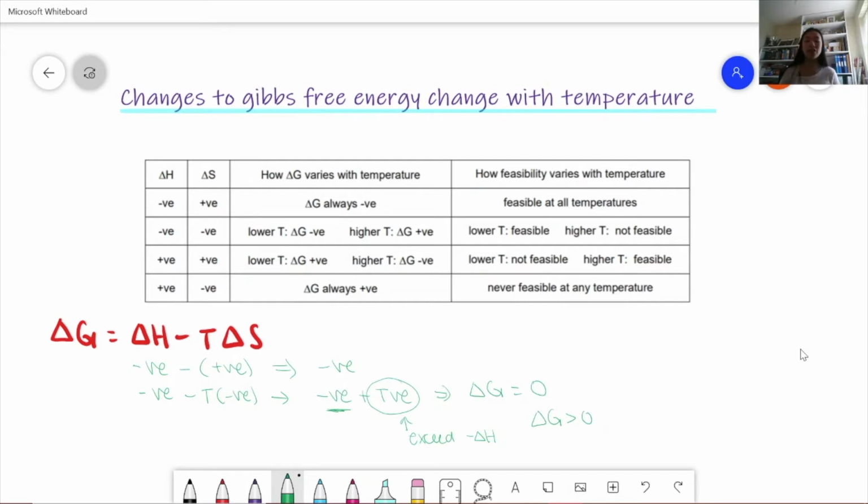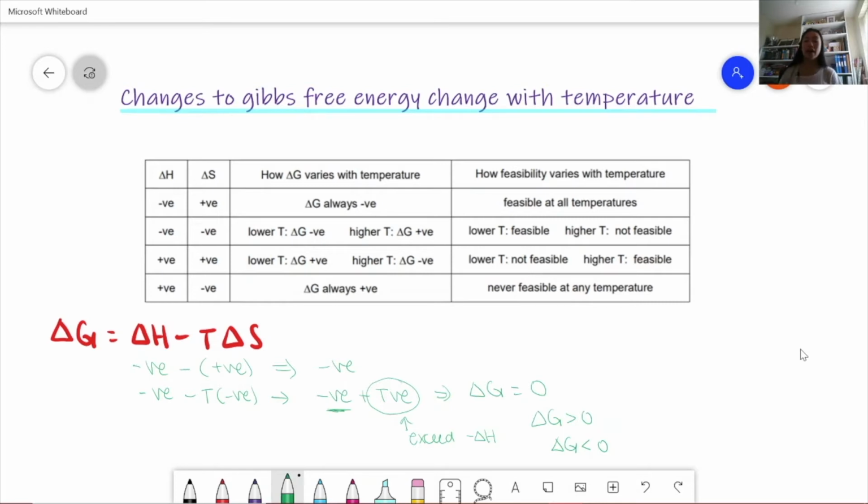Whereas if the temperature is very, very low, then we'll have a negative plus a very small positive. So the delta G still won't exceed 0. So then we have delta G is smaller than 0, making the reaction feasible. And we can apply the same kind of logic to the other two examples we have.